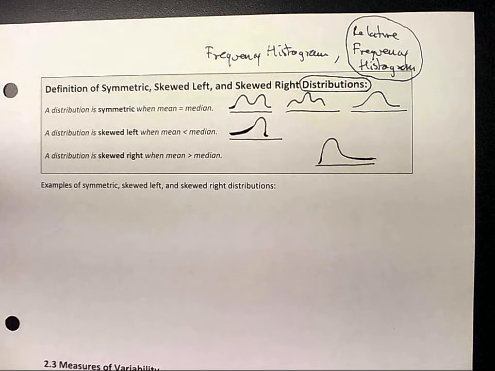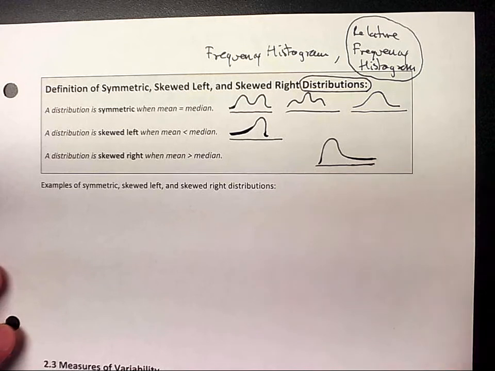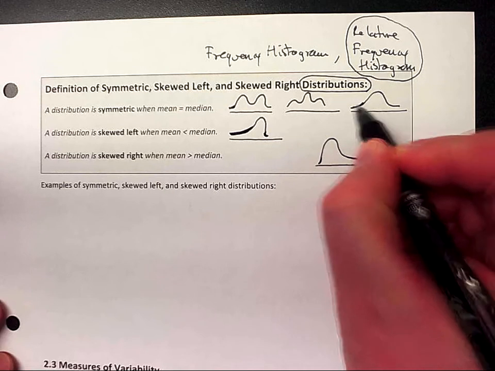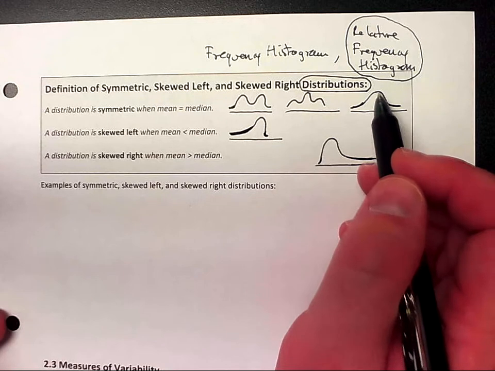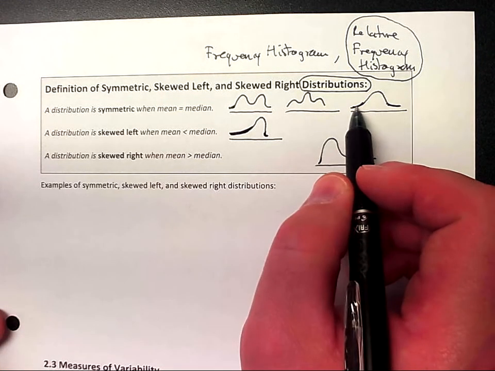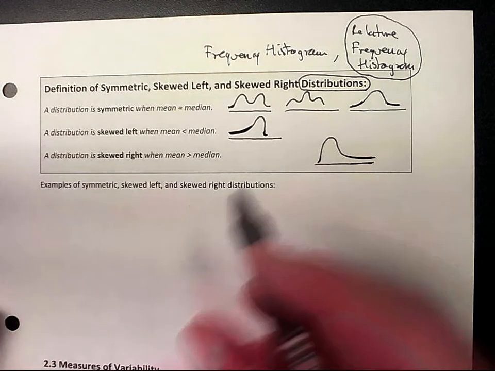And then on the bottom, the fat tail of the distribution is on the right-hand side, and that's why this distribution is skewed to the right. If the distribution has neither a fat tail on the right or on the left, or if both sides have one, particularly if it's symmetric everywhere else, then it would just be a symmetric distribution.